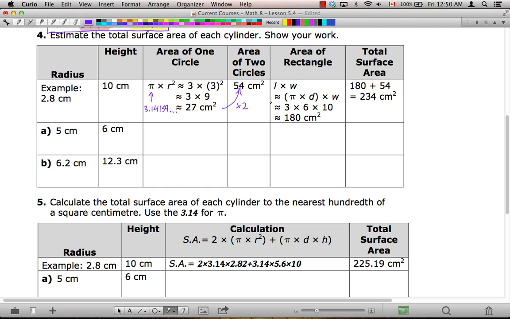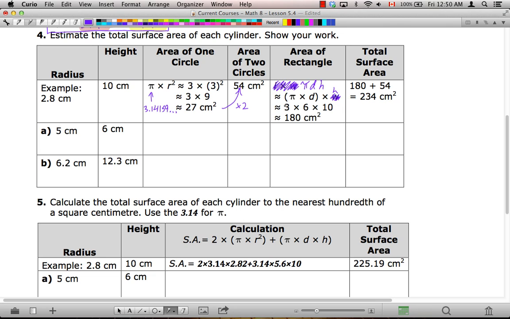The area of the rectangle is length times width for a rectangle, but I used a slightly different version of the formula here. I would do pi times the diameter times height. So that's how I labeled things here.